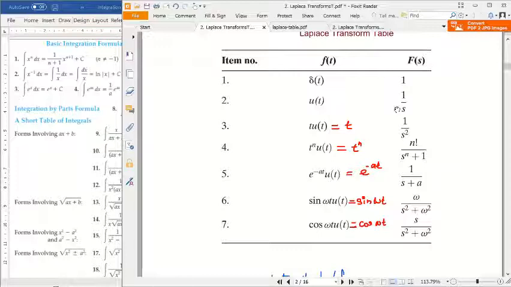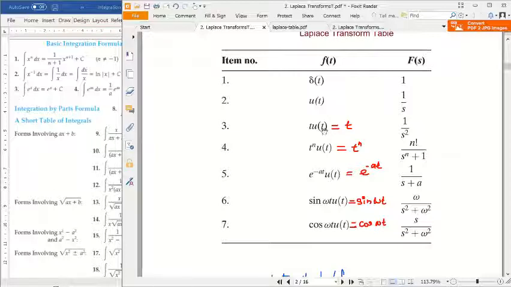So now how are we going to utilize the table? Before that, I want to explain this: u(t), sometimes we just write s(t), because in control systems we are not interested in the value before 0. Negative time, we are not interested in. Everything starts from 0. That's why the ramp here you multiply by a step function, so that any value before 0 we neglect, because the step function starts at 0.